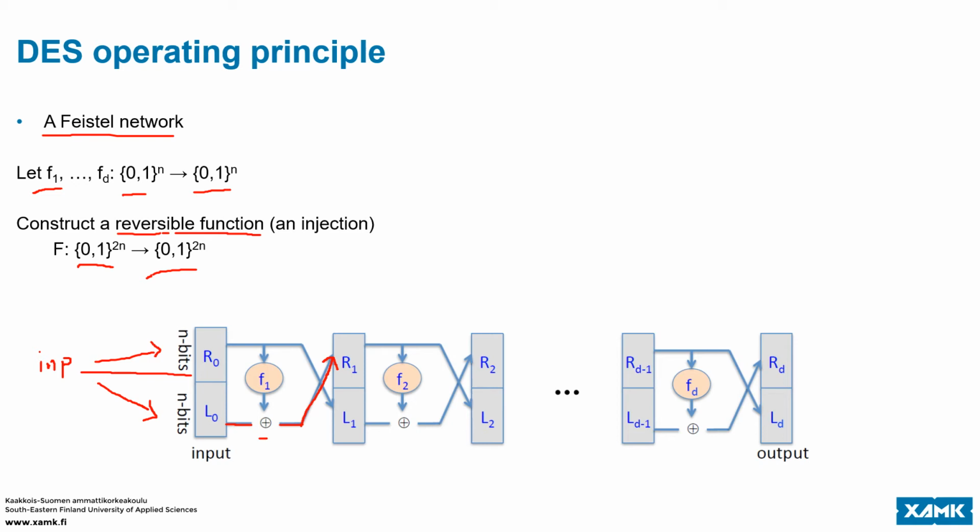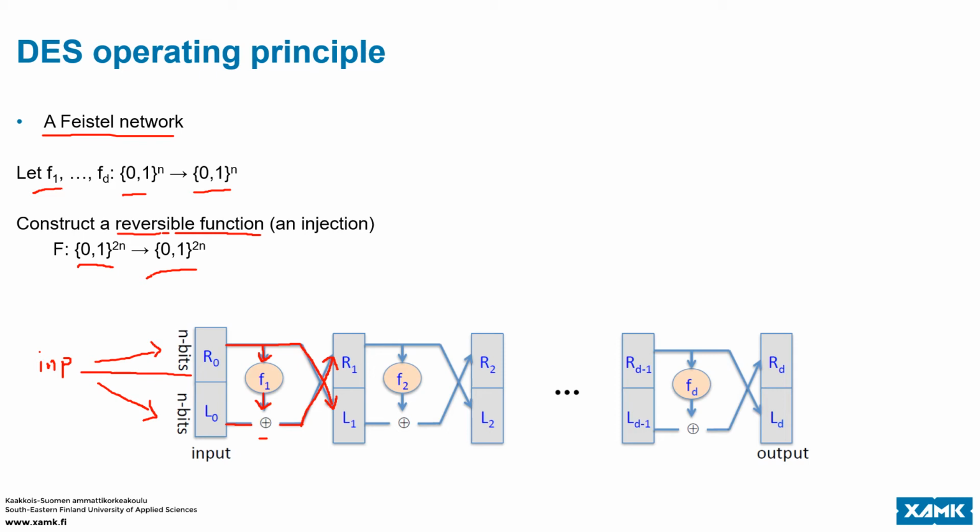The right hand side, meanwhile, is first directly used as the left hand side of the input in the next round, and also it's given to this Feistel function here, whose result was XORed earlier with the left hand side of this input.